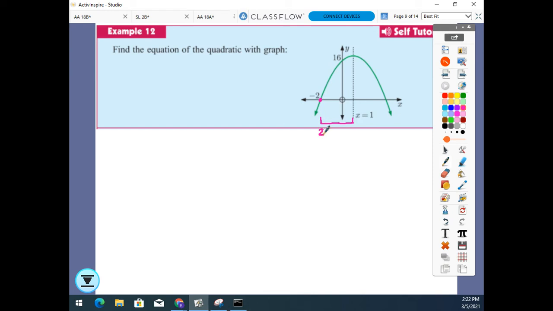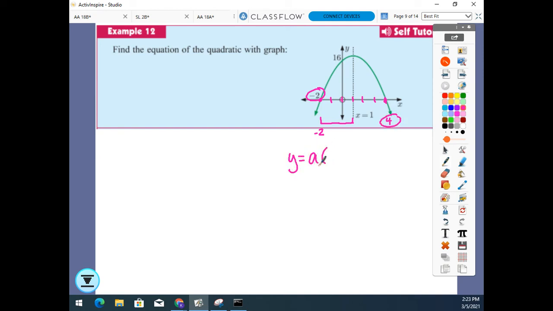So if this is at -2, if I go back to -1, 0, 1, this is 1, 2, 3 away from the axis. The other x-intercept has to be the same distance. So if I go 3 away from 1, that puts this point at 4. So we now have 2 x-intercepts of -2 and 4.